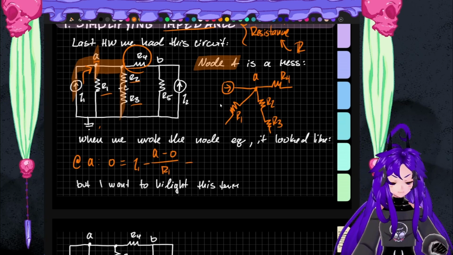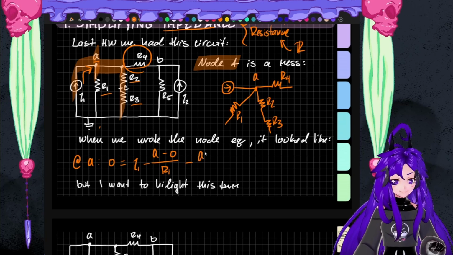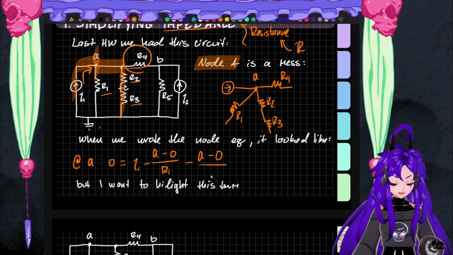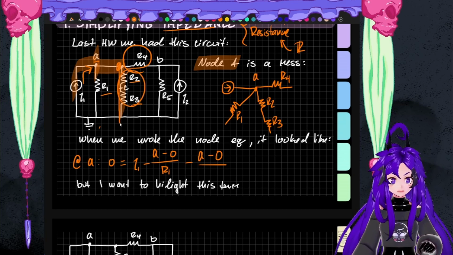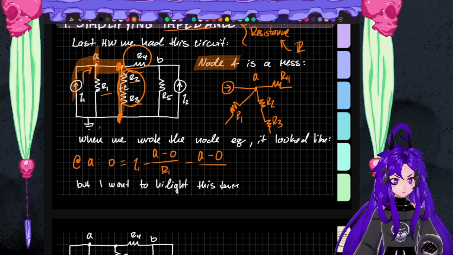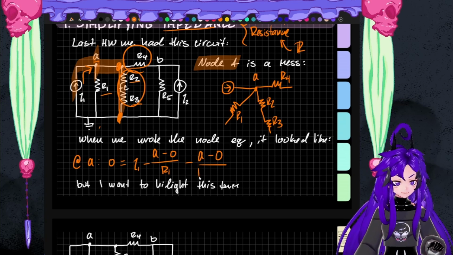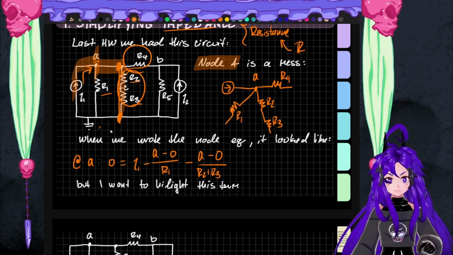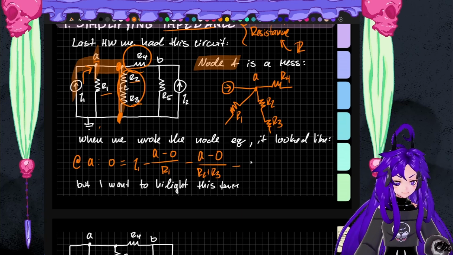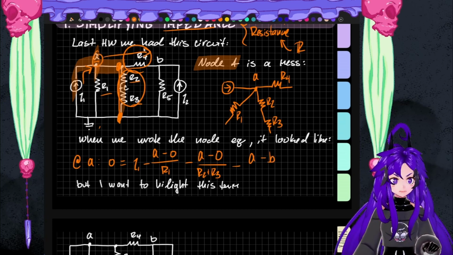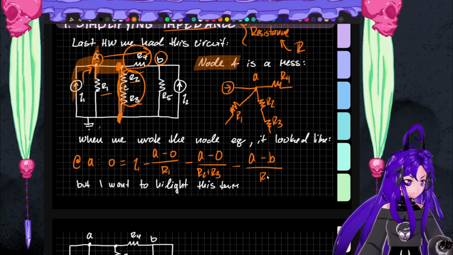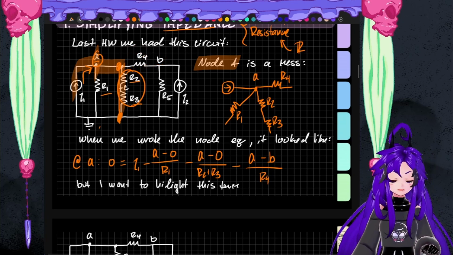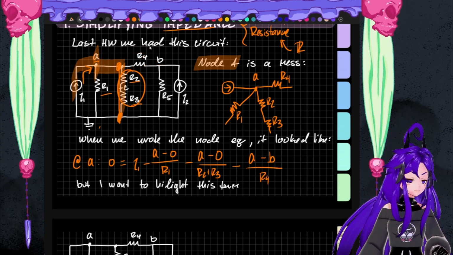Then minus A minus 0 ground again, and we're going to have both of these, because if we're going to go from A to ground, we have to go through both resistors. So we're going to say R2 plus R3. And then minus A minus B, because we're starting here and going to that node B, all over R4. And that's quite messy, so we're going to remove some of that.